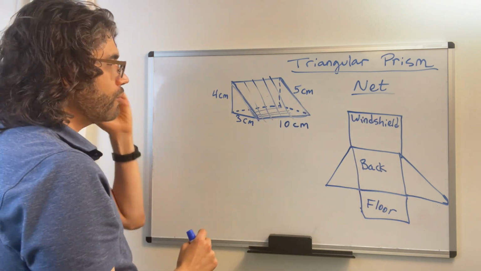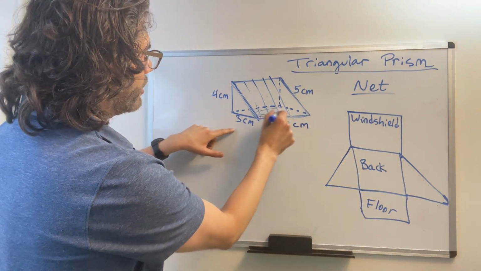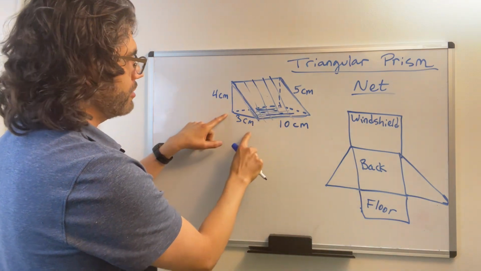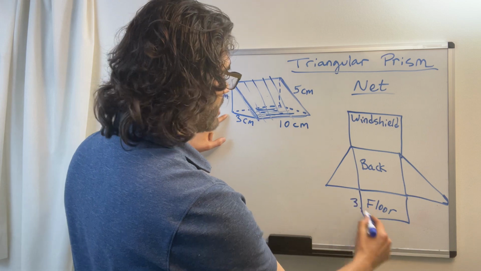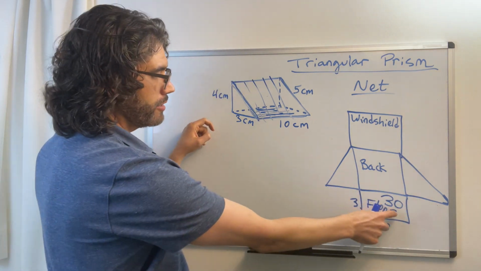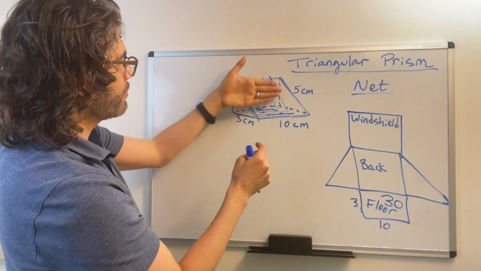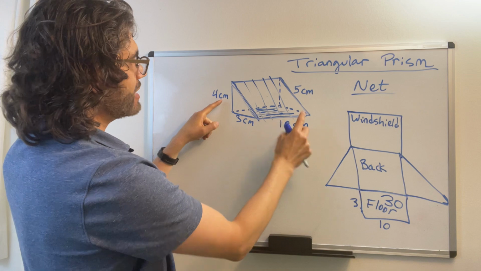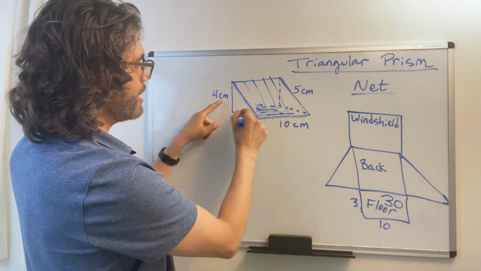Okay, so the floor, the bottom here is a rectangle, a 3 by 10 rectangle. So it's 3 by 10, which makes 30 square centimeters. Then the back over here is a 4 by 10. So if this is 10, that means that this dotted line back here is 10.